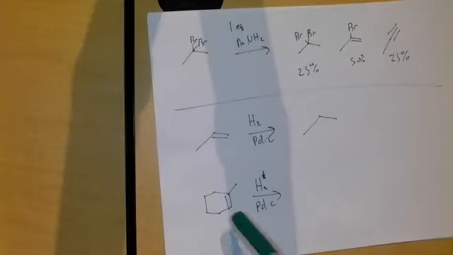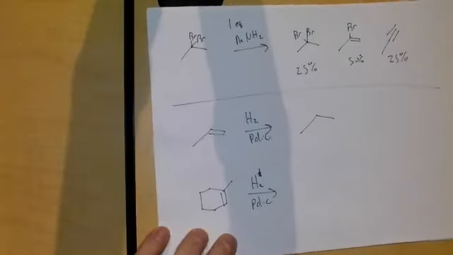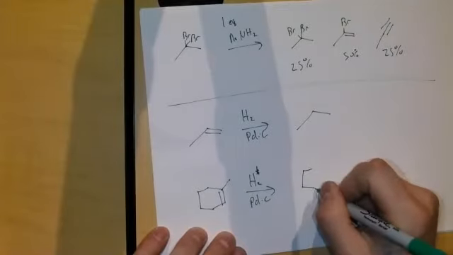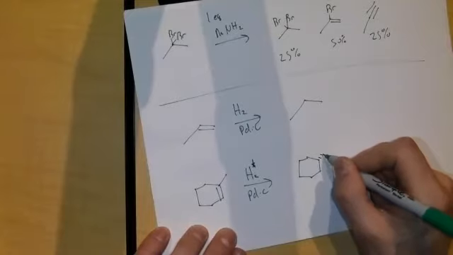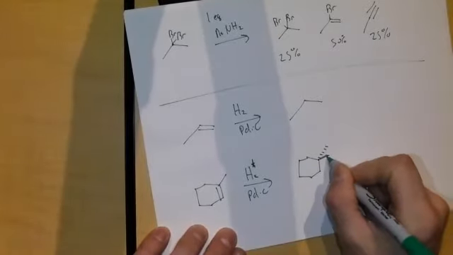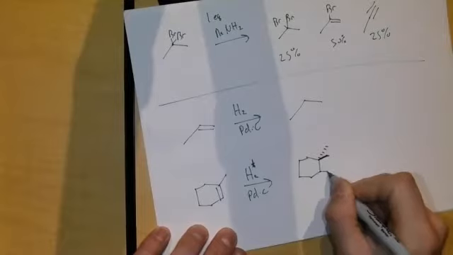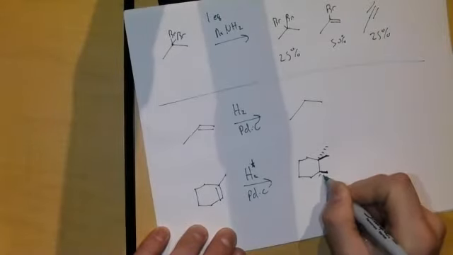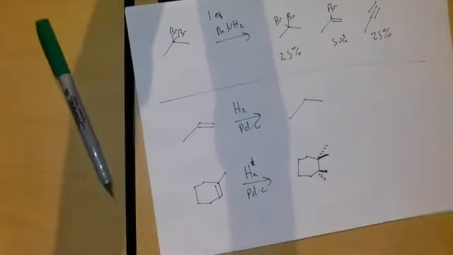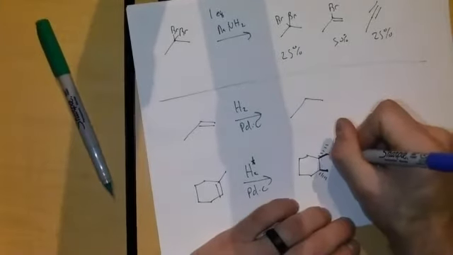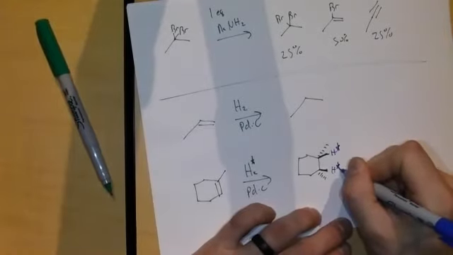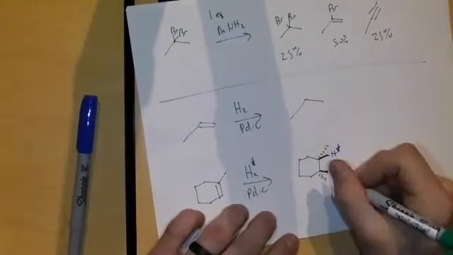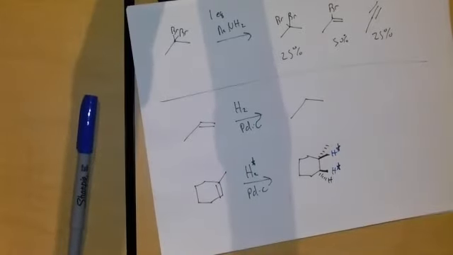So if I was to add H2 across this, what I'm going to get is this, where both of your H's are adding to the same side.